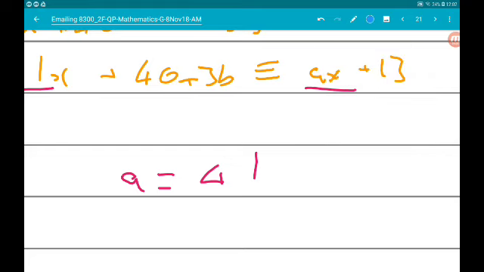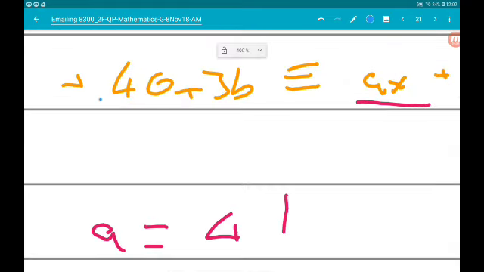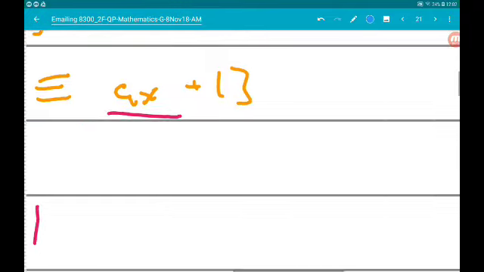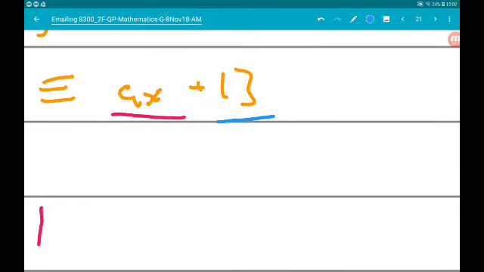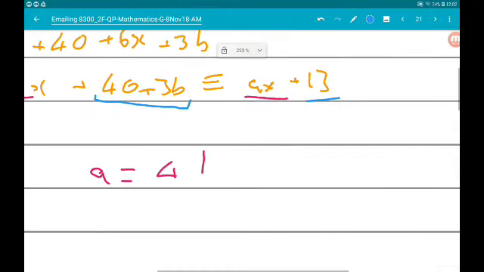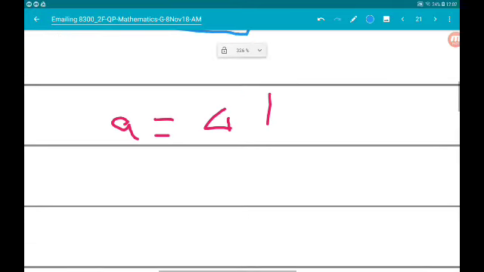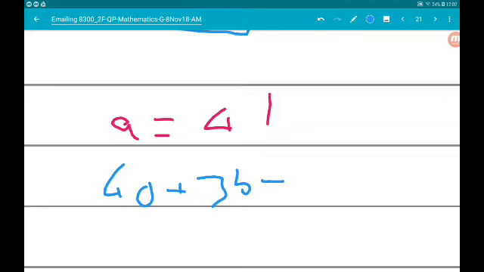Then on the left, the constant term is 40 add 3b. On the right, the constant is 13. Again, remember, constant just means terms without x's. So that means 40 add 3b has to be 13.